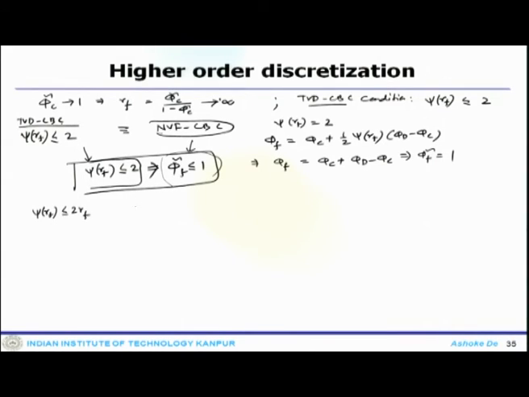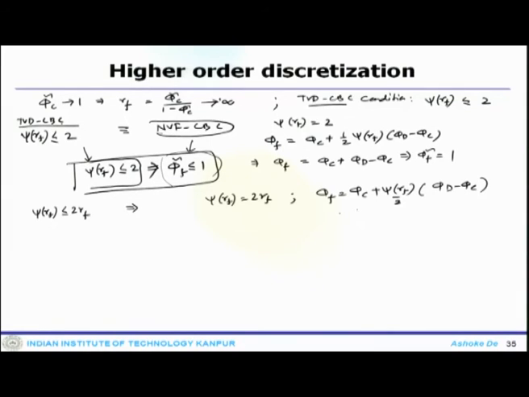Then the equivalent condition here equals 2 RF. Now, phi f equals phi c plus psi RF by 2 into phi d minus phi c.